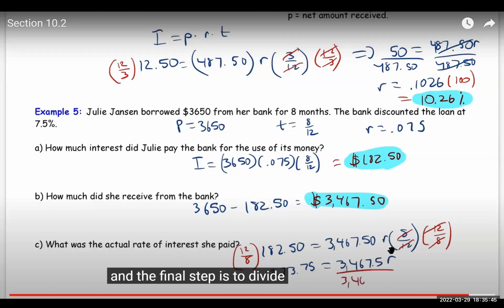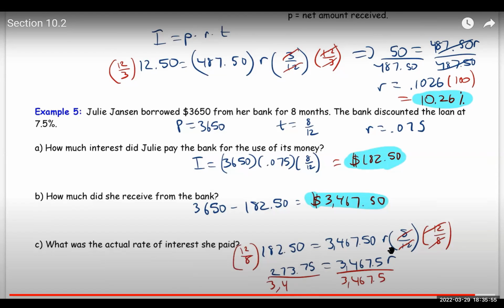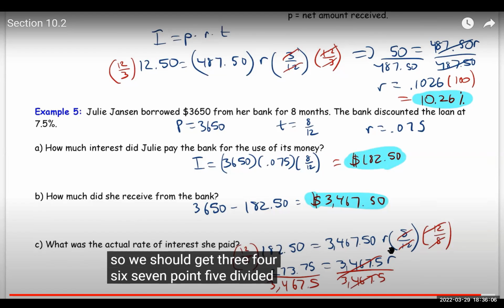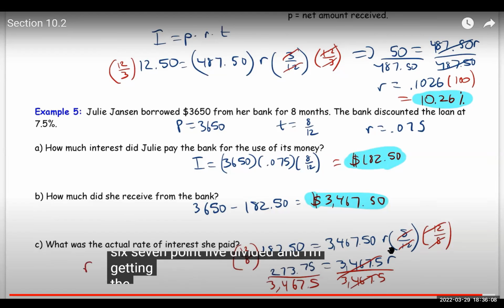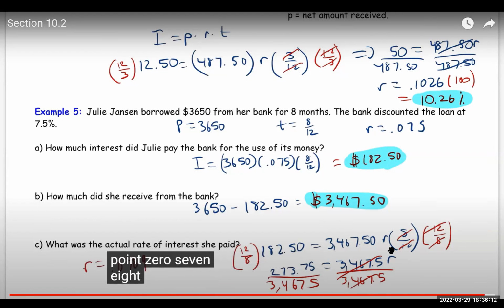And then the final step is to divide by this coefficient. So we should get 273.75 divided by 3467.5, and I'm getting the interest rate R is going to equal 0.0789.